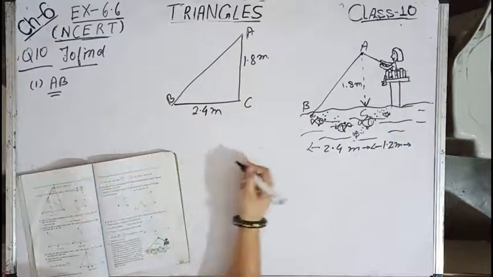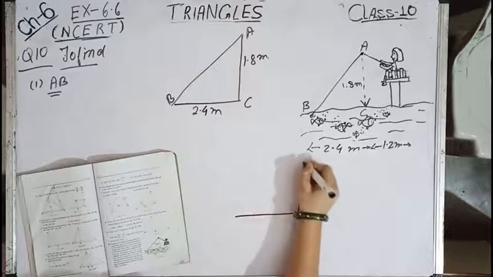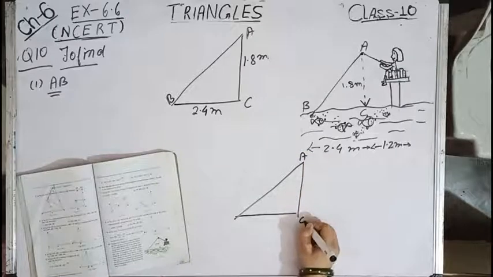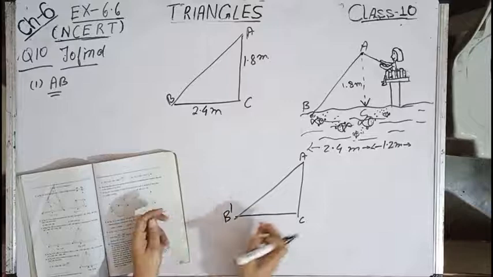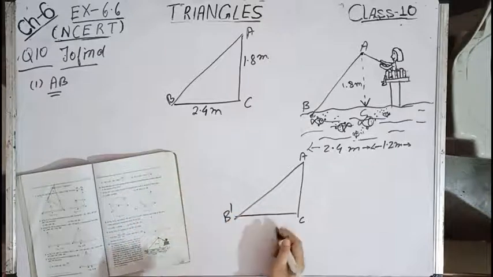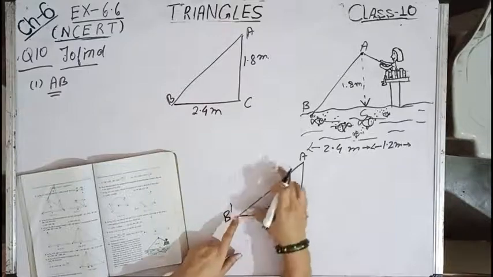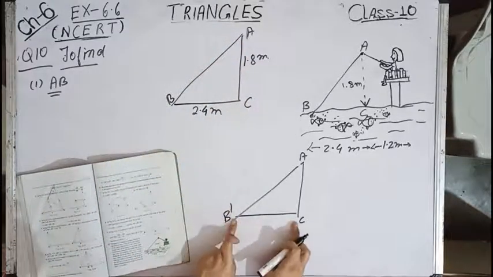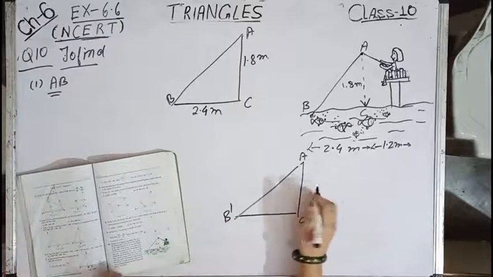So if we count the second triangle, this was position A, this was position C, and over here we can write B dash. Now because she is pulling in the string, first we will take out this AB. Now this distance, how much it will be, we have to take out, and this distance plus this 1.2 we have to take out.